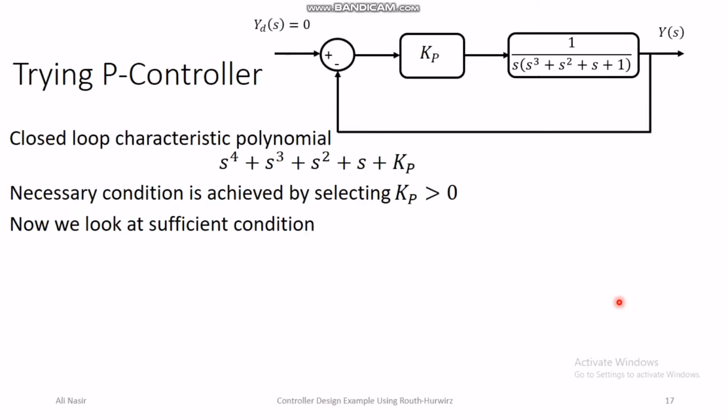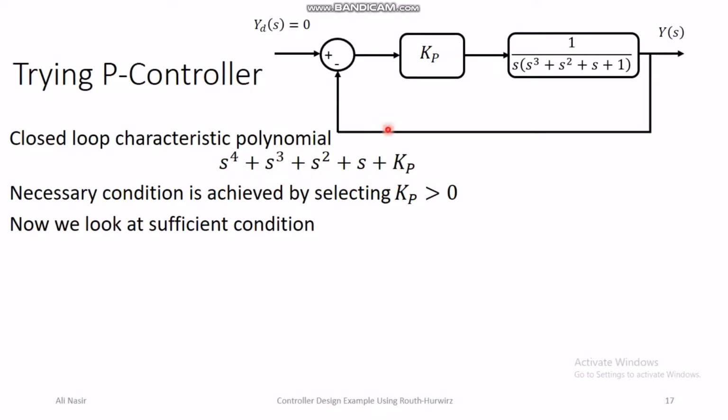So first we try the P controller, and if we use the P controller, then the closed loop transfer function has the following denominator. We have already discussed this previously, how you calculate this denominator.